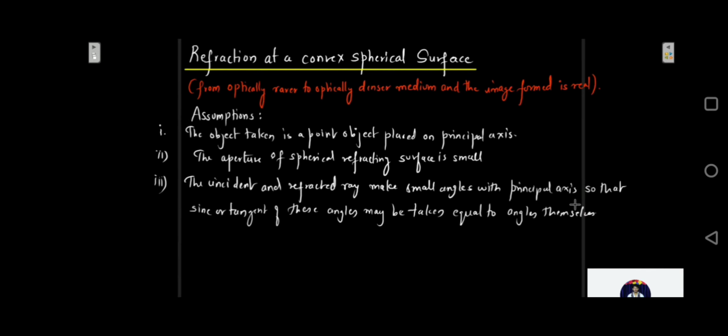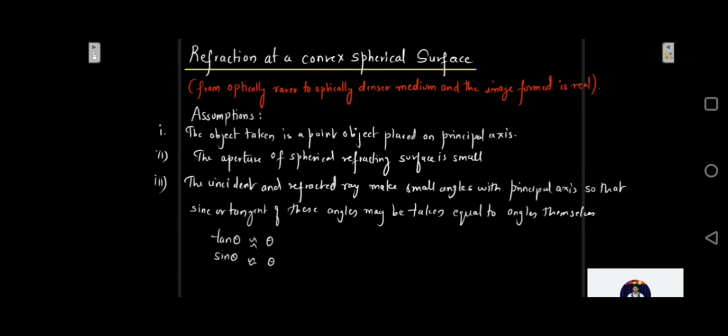Since the refracted and the incident ray are making very small angle with the principal axis, tan theta or sine theta can be approximated to theta itself. The value will be the same as theta, since the angle made by the incident ray and refracted ray with the principal axis is very, very small. So this is the third assumption.